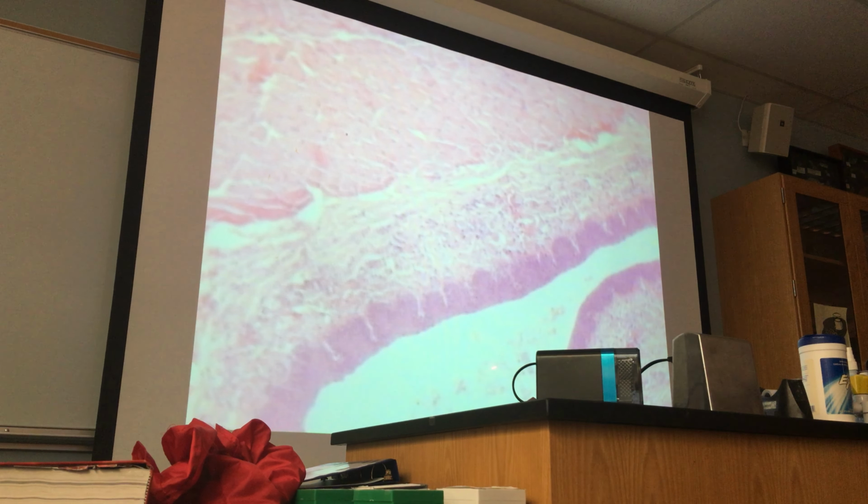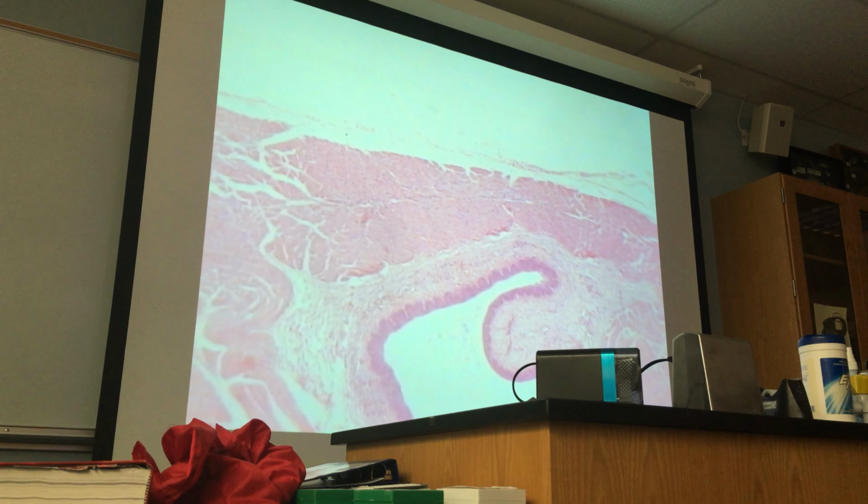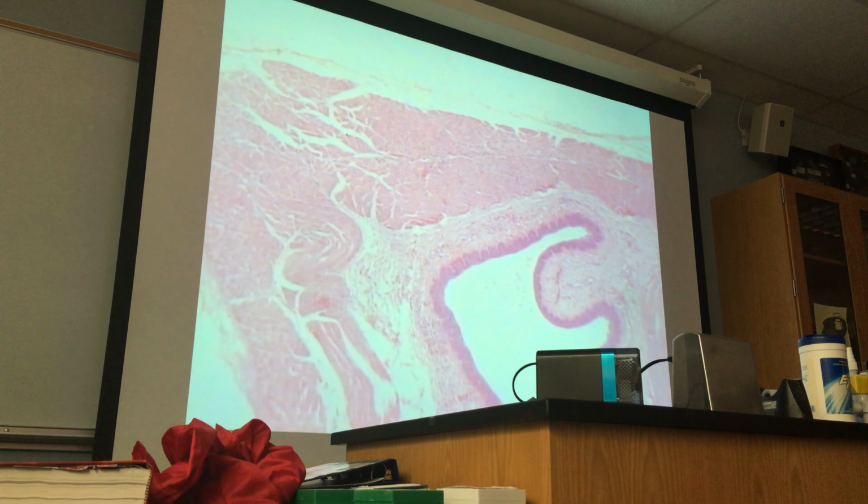Here, lumen of esophagus. Do you get that? But if I want you to identify the adventitia, I have to show you several features. Like here, if I ask you to identify the structure as indicated, this is adventitia.